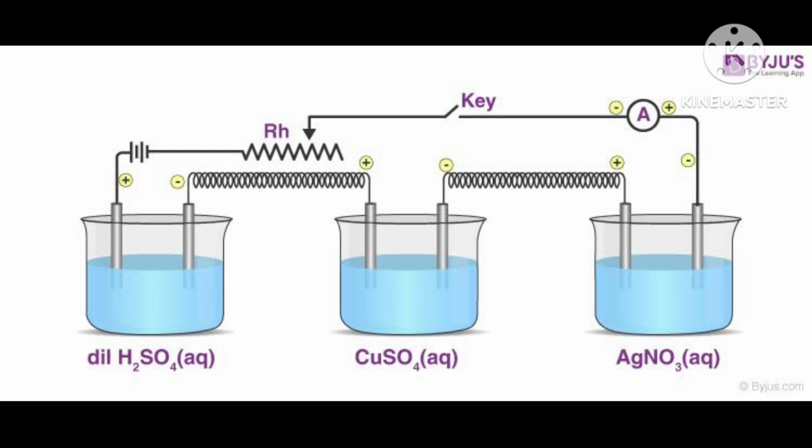For example, if we use molten NaCl, that is also called melt. Molten is also called melt. Then the products of electrolysis are sodium metal and chlorine gas.